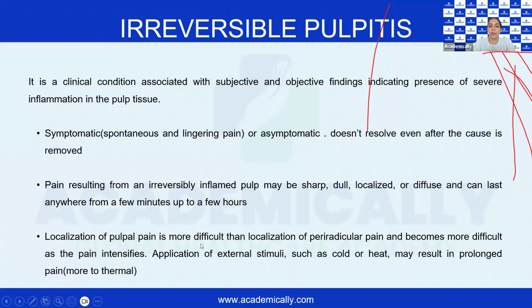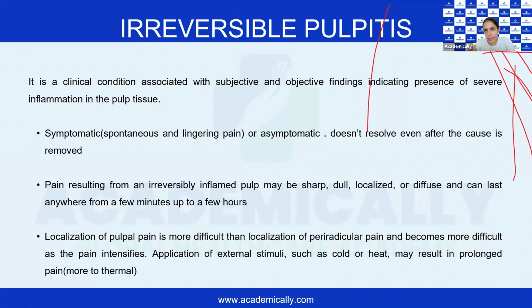Localization of pulpal pain is more difficult than localization of periradicular pain. So pulpal pain, a very important concept here, is difficult to localize. Periradicular or periapical pain is easy to localize. So an apical periodontitis patient will directly tell you this tooth is aching. In irreversible pulpitis, the patient would not be able to localize much.